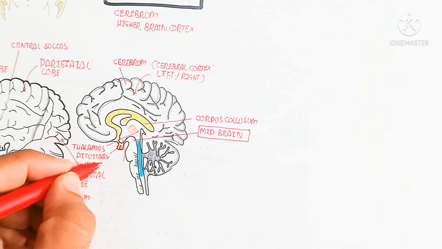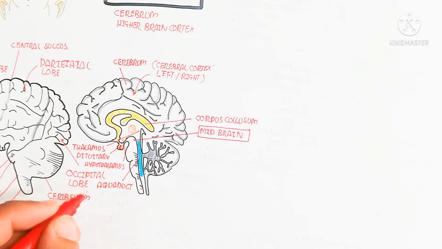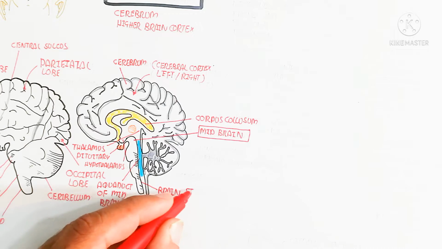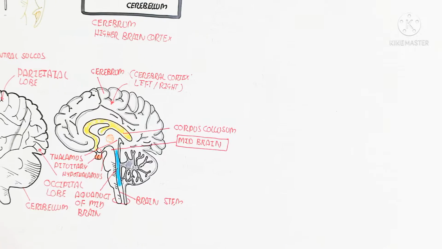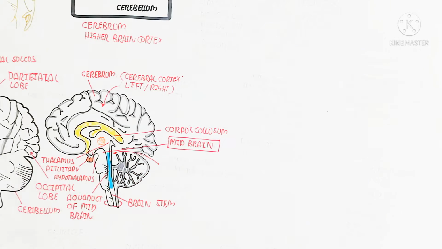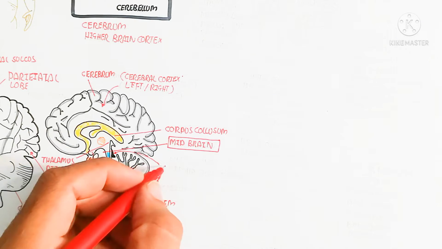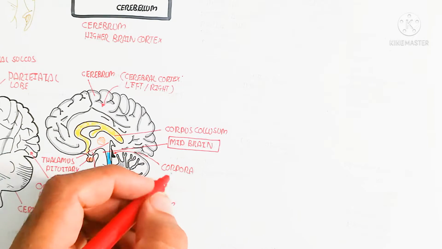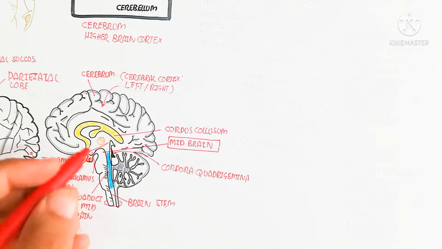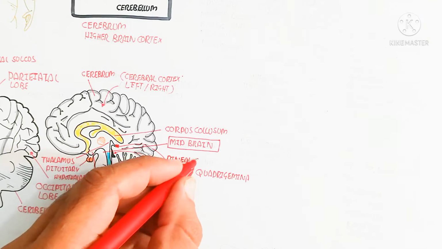Here is the pituitary gland, which produces endocrine hormones, and here is the hypothalamus, which is the upper part of the pituitary gland. Here is the aqueduct of the midbrain, and this is the corpora quadrigemina.